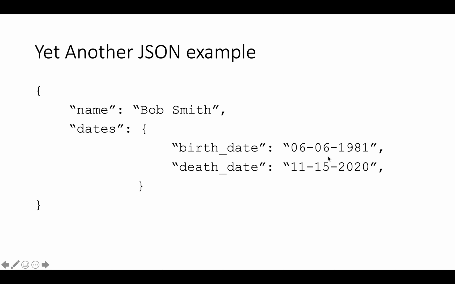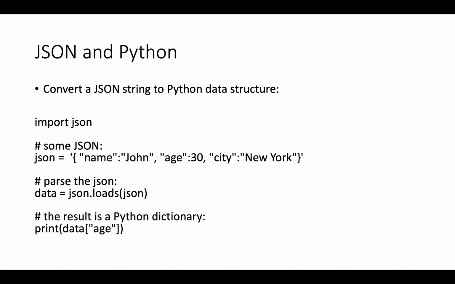Here we have birth date is this string and death date is that string. So we can use this nested syntax all throughout. I could have birth date and another curly brace in here, or I could put in an array. You can kind of go crazy, and we'll do some more examples that show some of this.